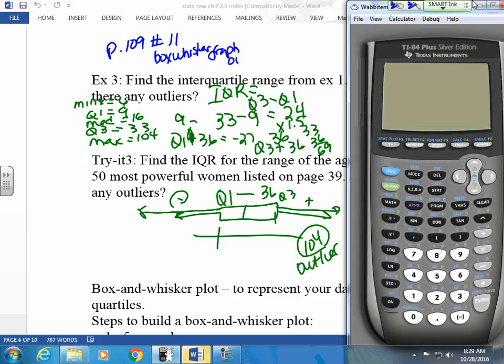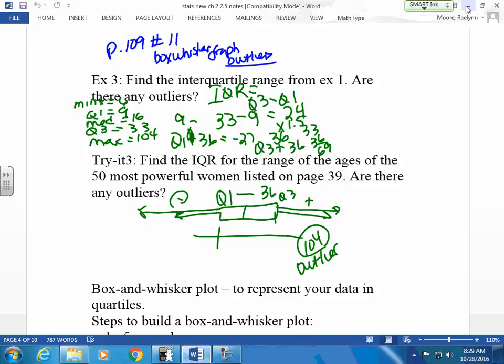I want you to find me any outliers. Okay, 109, number 11. It should make a nice little box and whisker graph, and I think there is an outlier.